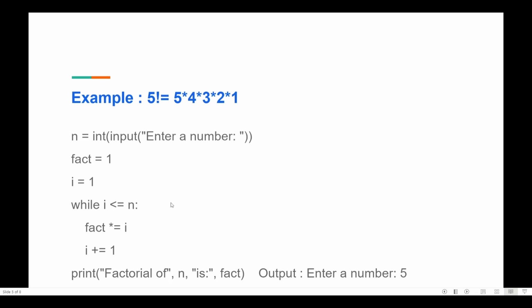So what it will do, 1 multiply by 2 multiply by 3 multiply by 4 multiply by 5. Print factorial of, and then we have kept here n. So let's say in this given example we have written 5, so 5 would be here, and whatever the factorial would be, the answer would be 120. So that will be reflected here in the output.